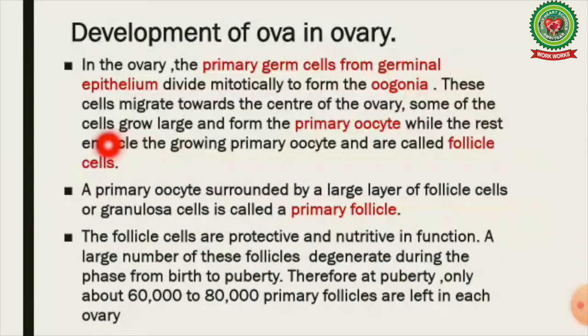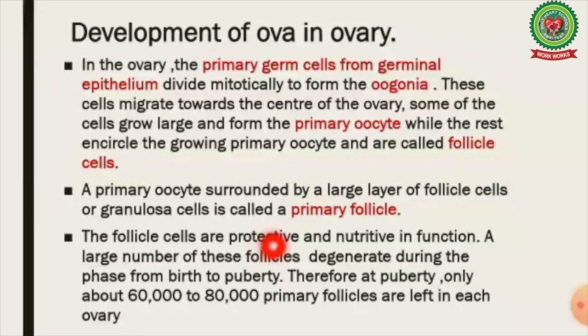Some of the cells grow large and form the primary oocyte, while the rest encircle the growing primary oocyte and are called follicle cells. A primary oocyte surrounded by a layer of follicle cells or granulosa cells is called a primary follicle. The follicle cells are protective and nutritive in function.